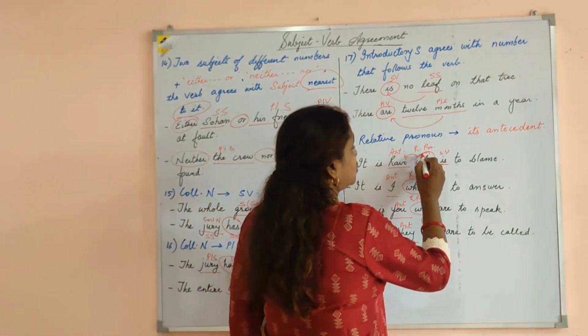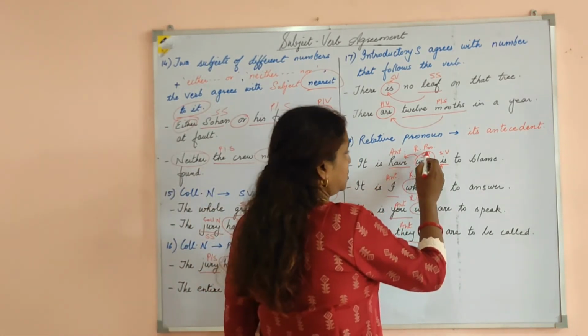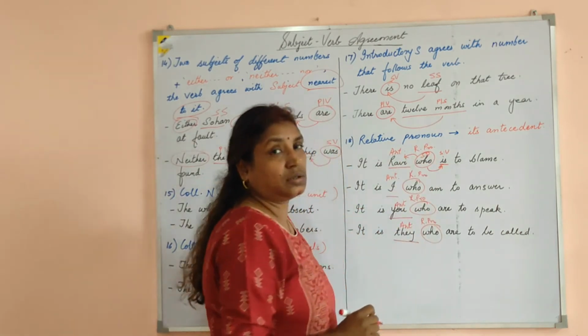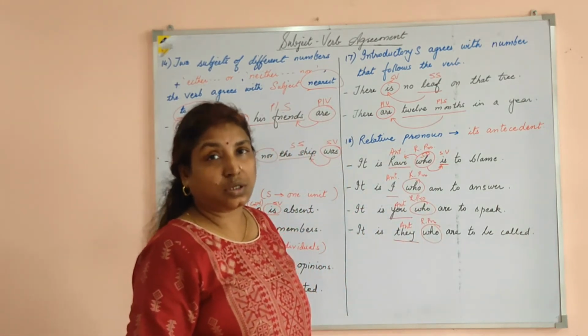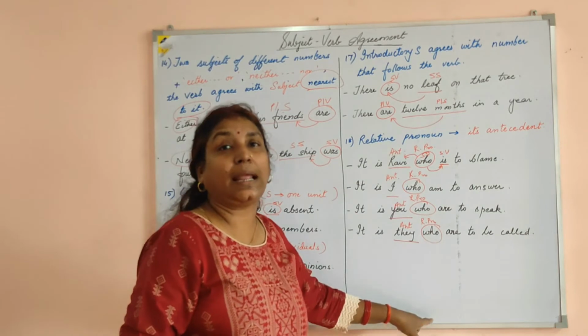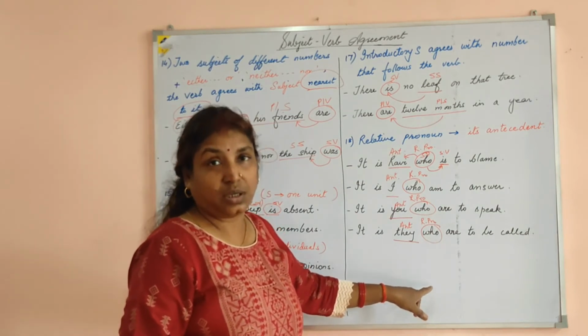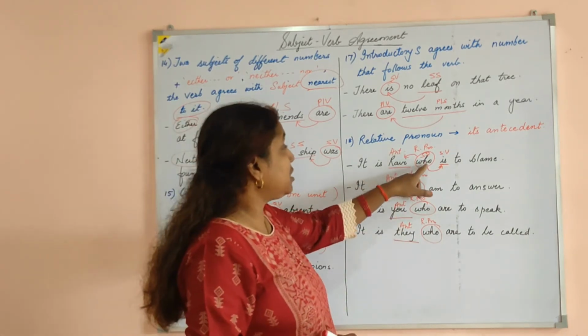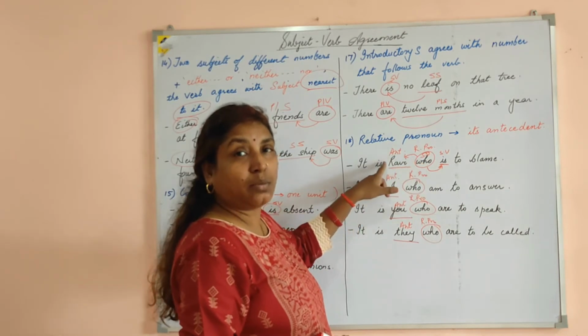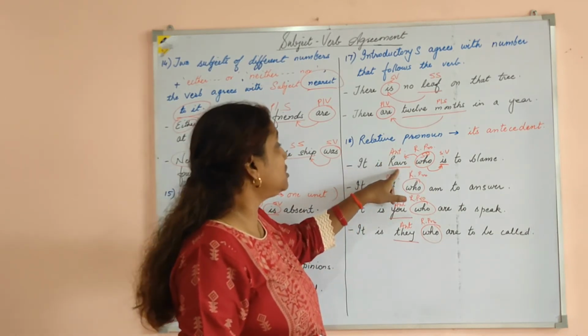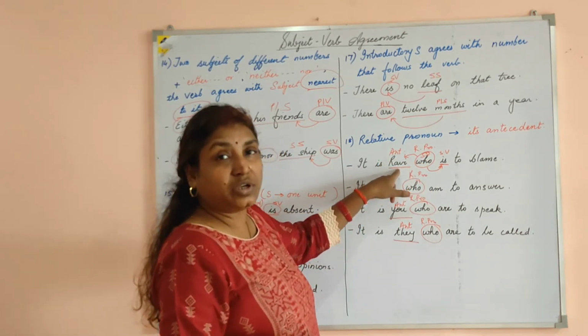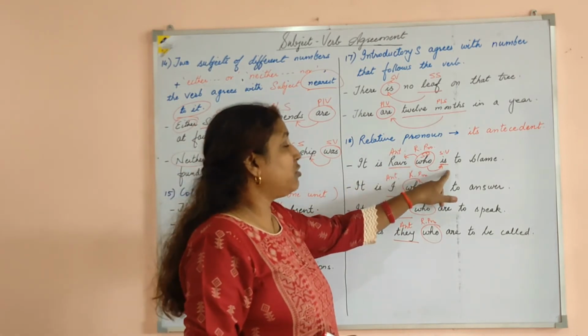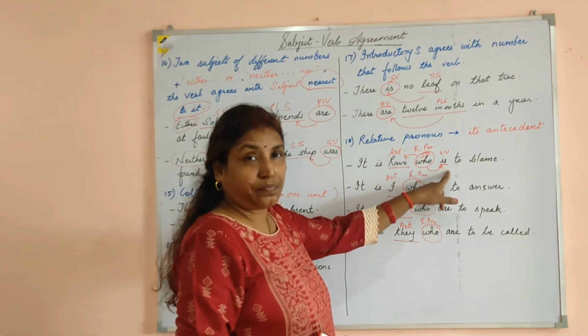So, who becomes your subject? In this case, you have singular subject. Now, relative pronouns are acting as subjects. Remember this. And this relative pronoun takes a number from the antecedent. So, since antecedent is Ravi, Ravi is singular in number. So, your verb is singular.